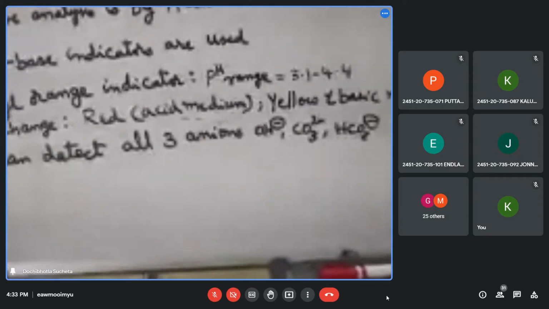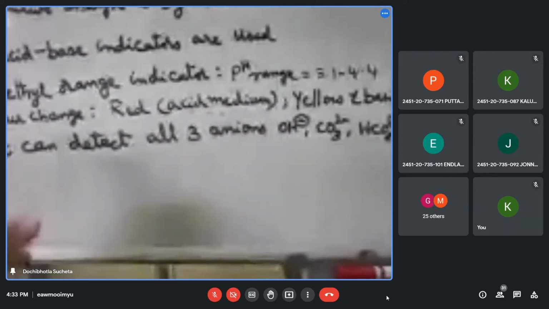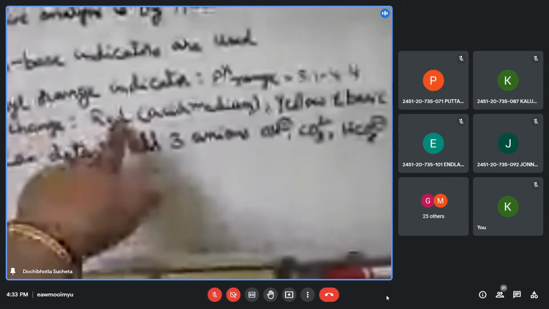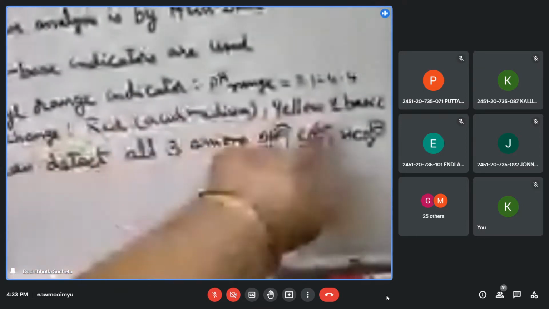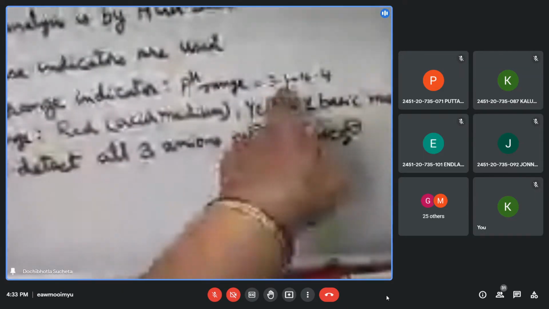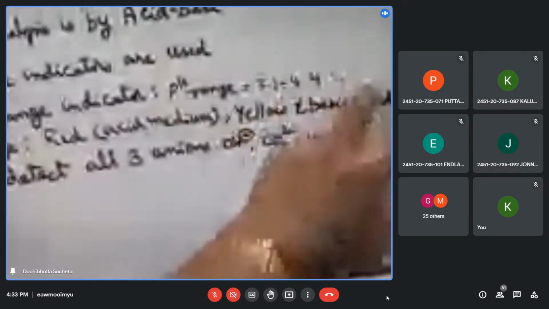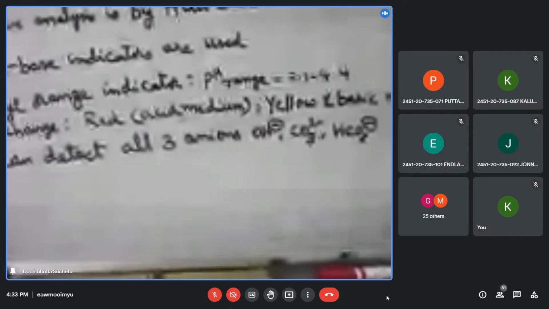Though the medium may still be acidic, for this indicator, when the pH goes beyond 4.4, it turns yellow. So the color change of the indicator is red to yellow or yellow to red. Red in acidic medium, yellow in basic medium. What is the color of the indicator between 3.1 and 4.4? It is a hue, a combination of red and yellow, a mixed color.